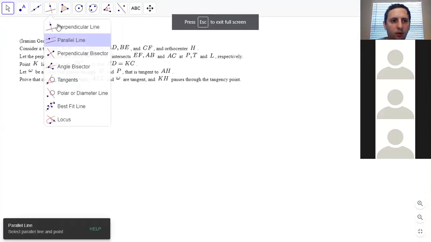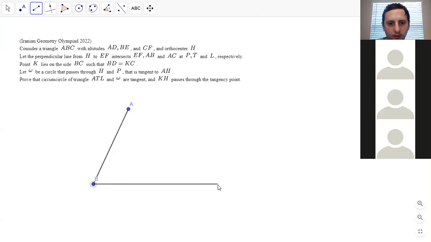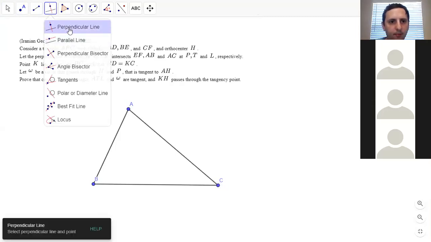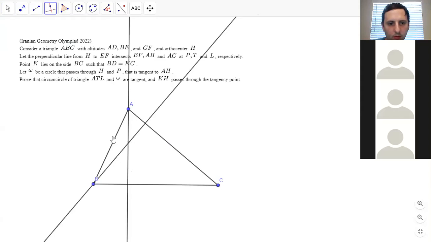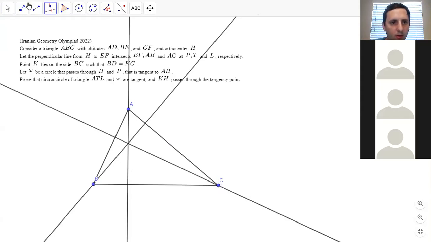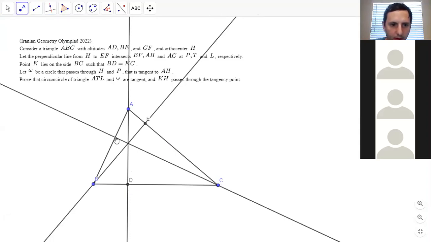So we have a triangle. We draw the altitudes AD, BE, and CF. Yeah, I wish there was a way to do altitudes. So this is D, E, F, G, and H. The perpendicular from H to EF, we want to see where it intersects EF, AB, and AC.